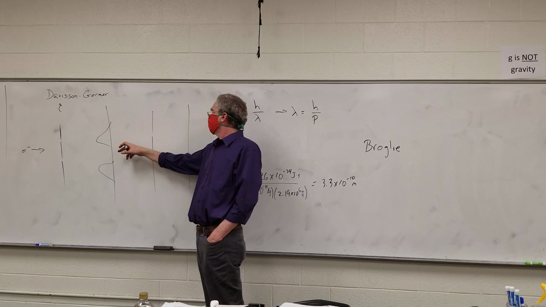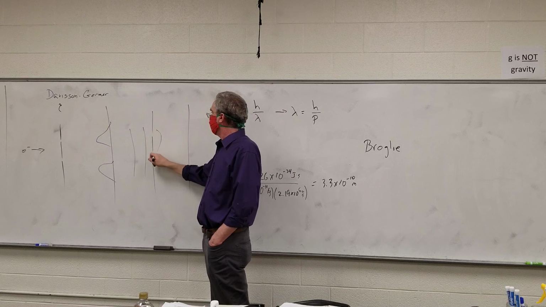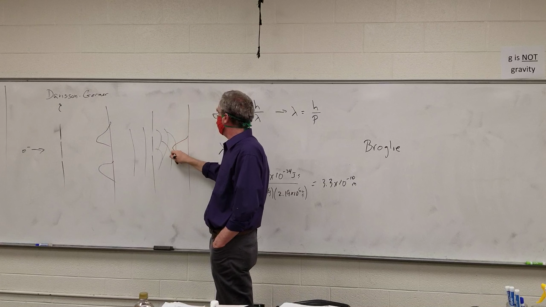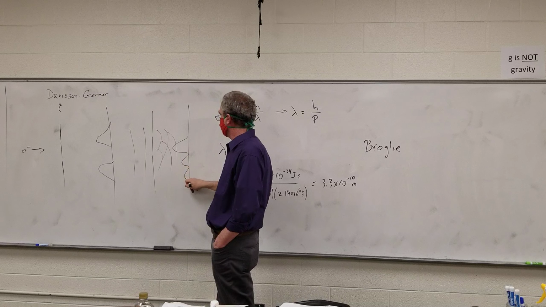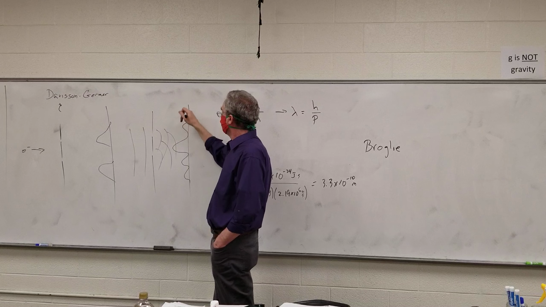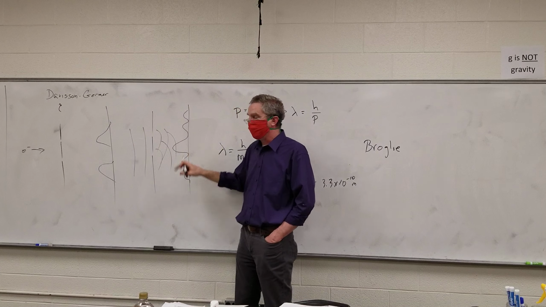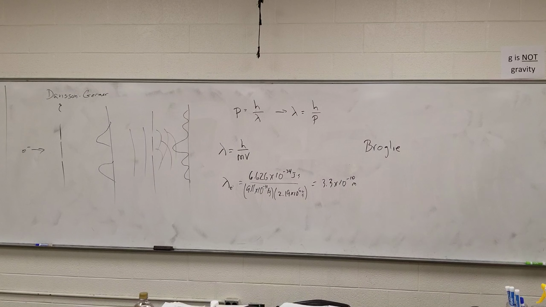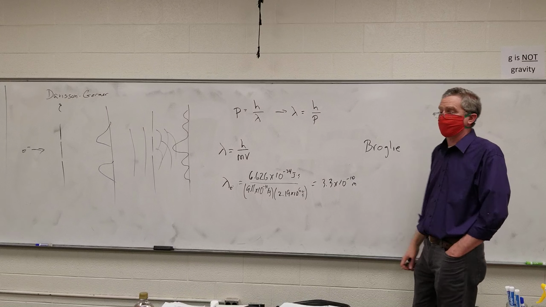If it's a wave, then we get a whole bunch in the middle, and then not as many, tapering off slowly like that. And in fact, they got this pattern. So then they took the experiment one step further. Instead of just shooting a bunch of electrons at the double slit, they decided to shoot one at a time.